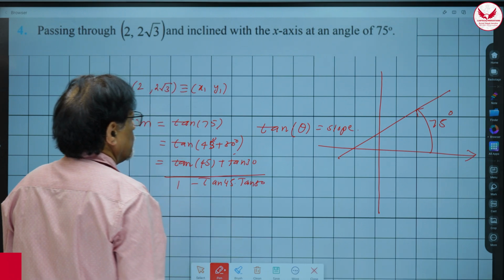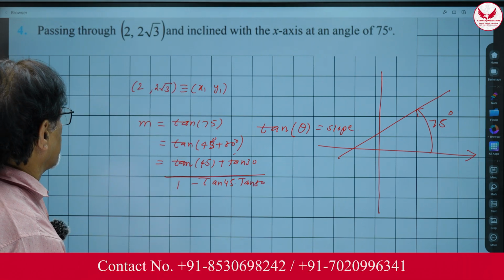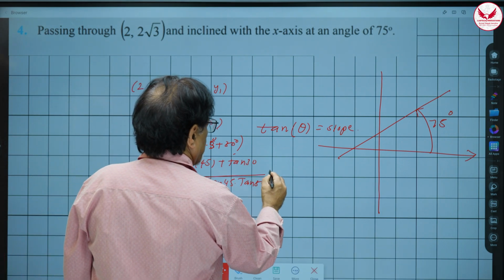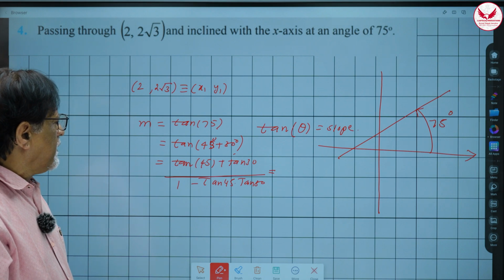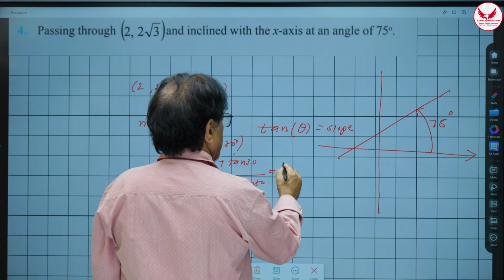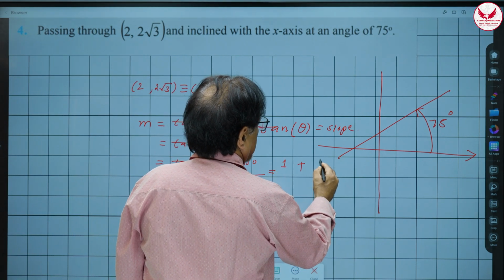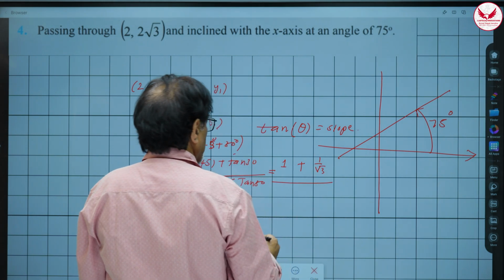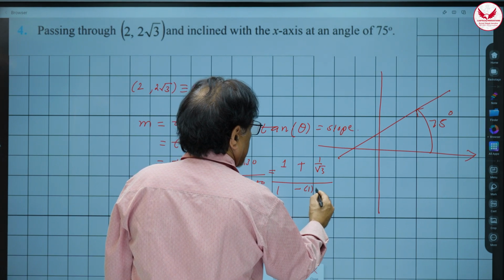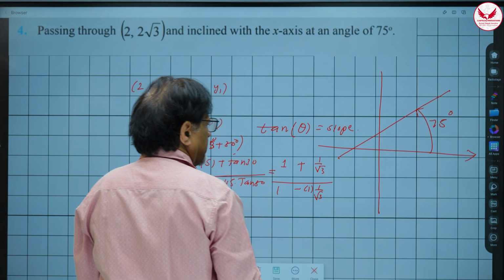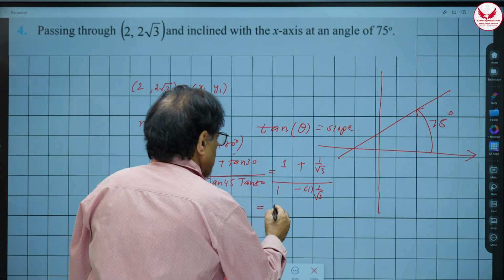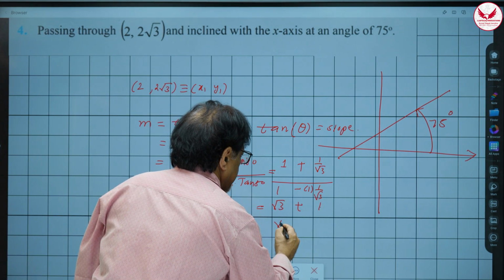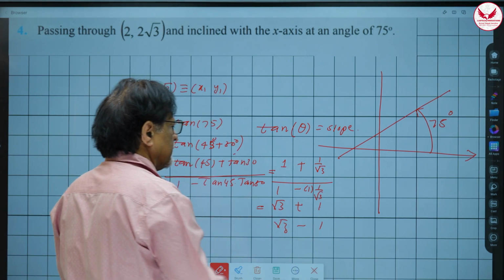Those of you who are familiar with the formula of tan of a plus b, it is tan a plus tan b upon 1 minus tan a tan b. You should also know the trigonometric ratios of tan 45 and tan 30. Tan 45 is 1 plus tan 30 is 1 upon root 3 divided by 1 minus 1 multiplied by 1 upon root 3. So therefore, this is equal to root 3 plus 1 divided by root 3 minus 1, correct?